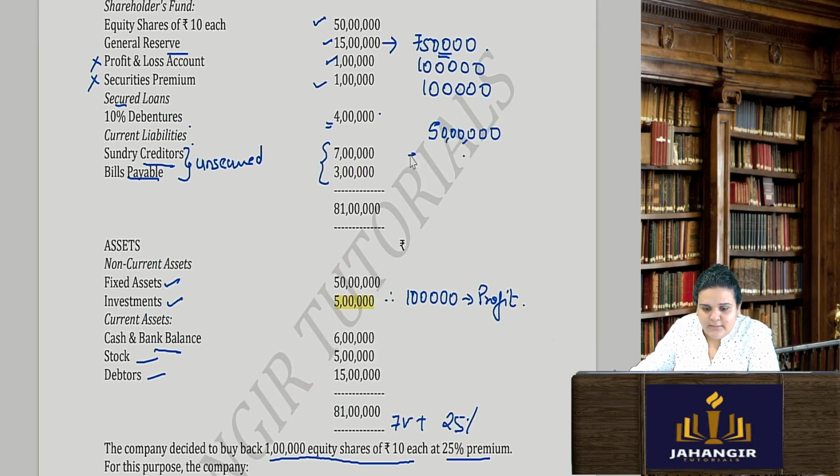Okay, minus I bought back 10 lakhs plus fresh issue of 2 lakhs of preference shares. Okay, so first initial equity share capital, then this is the buyback, and then this is the fresh issue. So I am left with 42 lakhs now of paid up share capital.